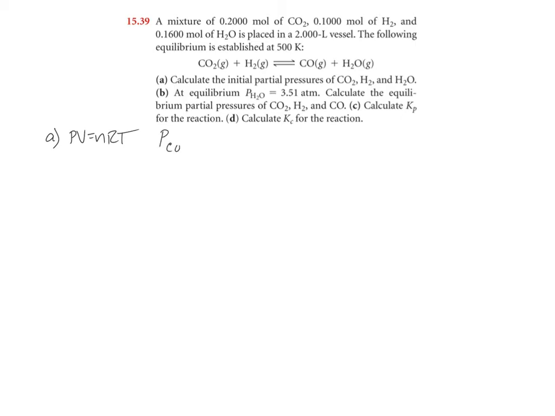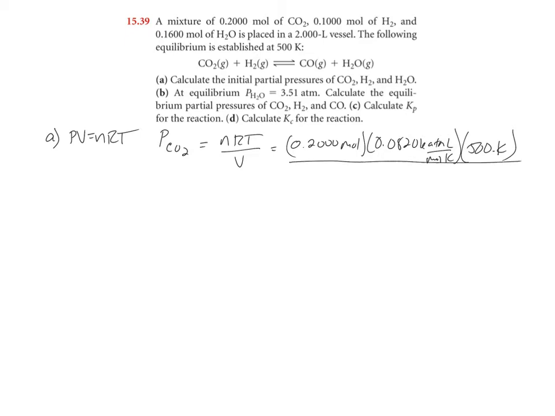So the partial pressure of CO2 is going to be nRT over V. So it's 0.2000 moles times R times the temperature. And I'm going to put 3 sig figs in my temperature there just to make this more of a valid problem.